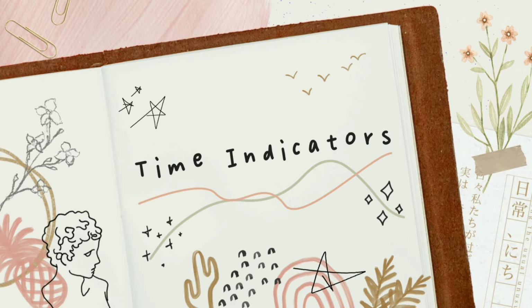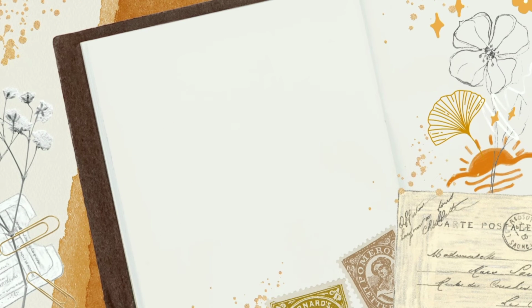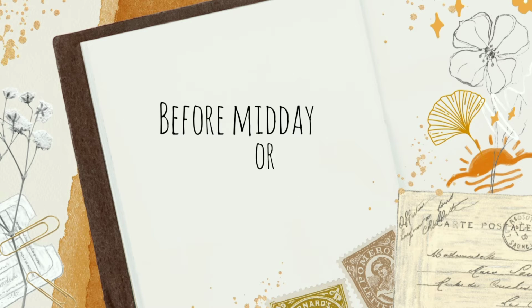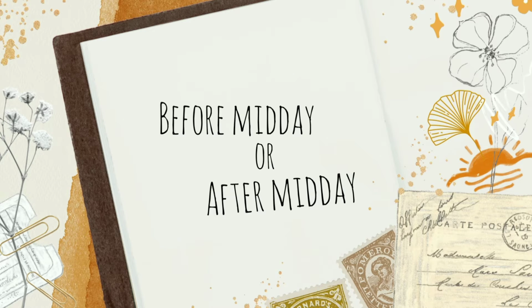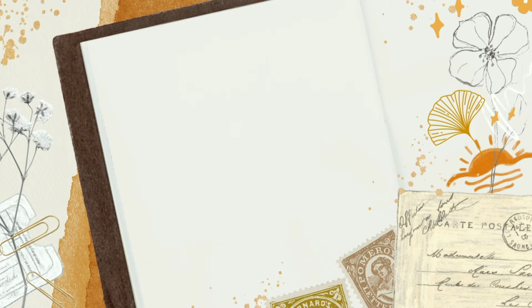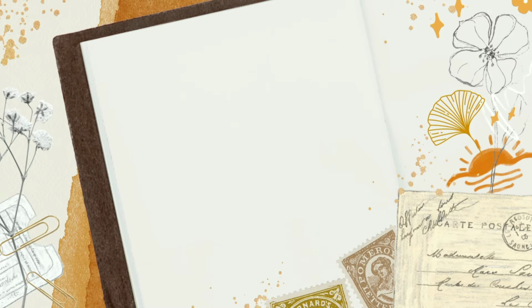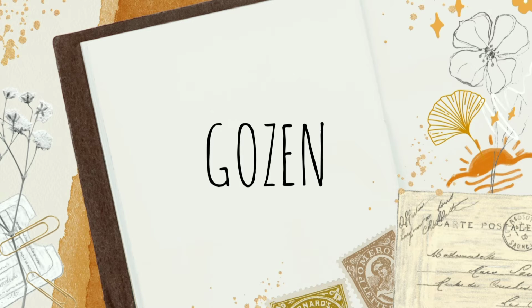With that in mind, we will start off with the time period or time indicator, also known as AM and PM. In a 12-hour clock, these time indicators signify if a certain time occurs before midday or after midday. Both AM and PM have their Japanese counterparts. AM, or ante-meridiem, which means before midday, is translated to gozen.